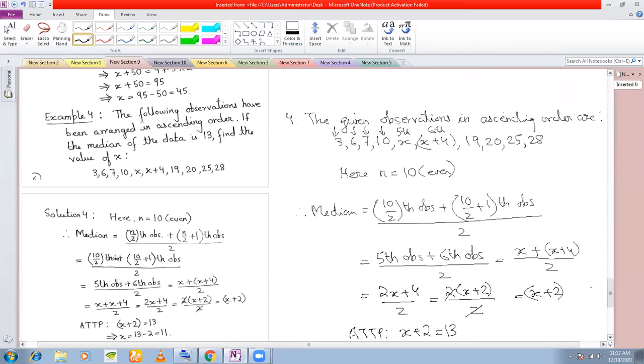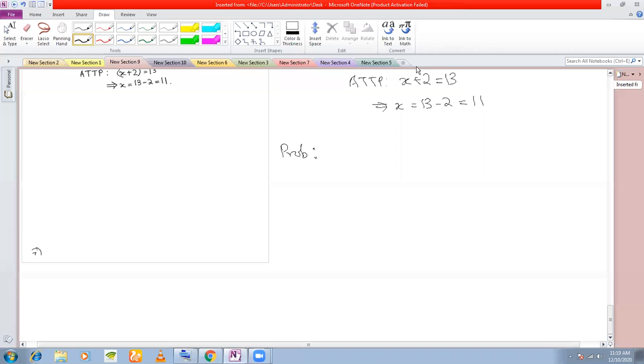Now sometimes the questions on mean and median are punched together. Let me see if I can find and solve that kind of problem for you. Just give me a minute.